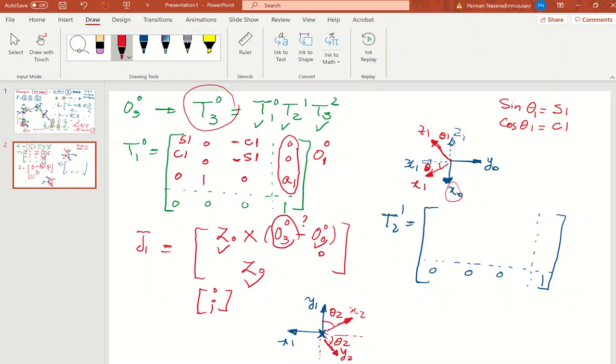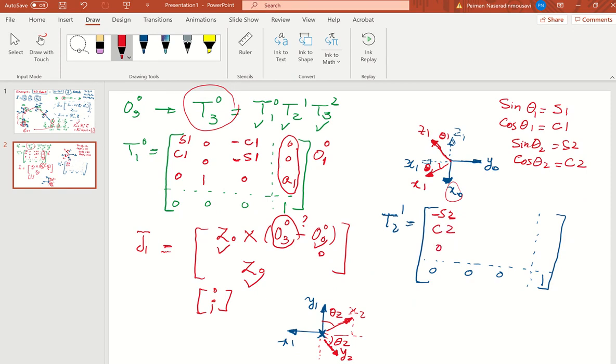Okay. So now X2 directional cosine with respect to X1 is going to be minus sine theta 2, because sine theta 2 I'm writing as S2, and cosine theta 2 I'm writing as C2. The projection on this, minus sine, over X1 is going to be cosine theta 2.